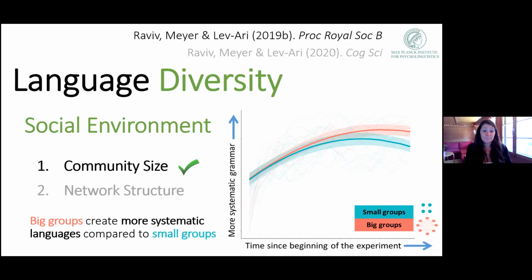So I think these experimental findings were really interesting because they showed for the first time in an experimental setup that community size can really affect patterns of language diversity. So social and communicative pressures that are associated with just language use can shape the nature of languages that emerge in these different communities.